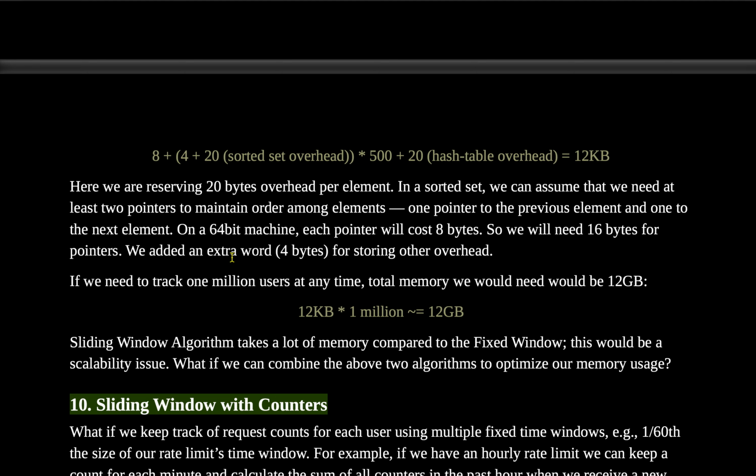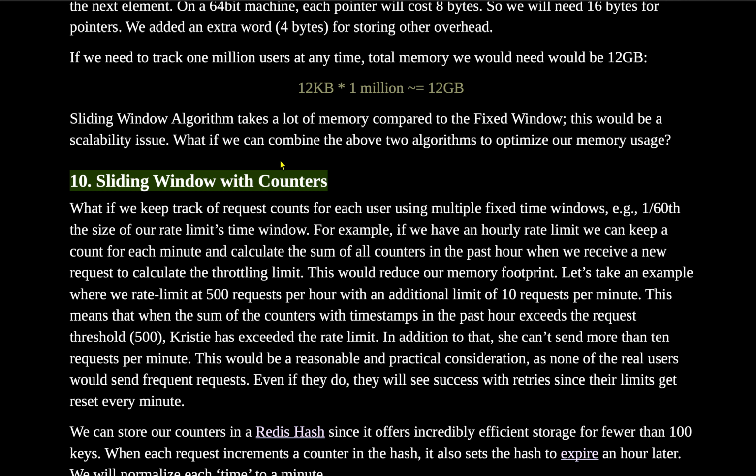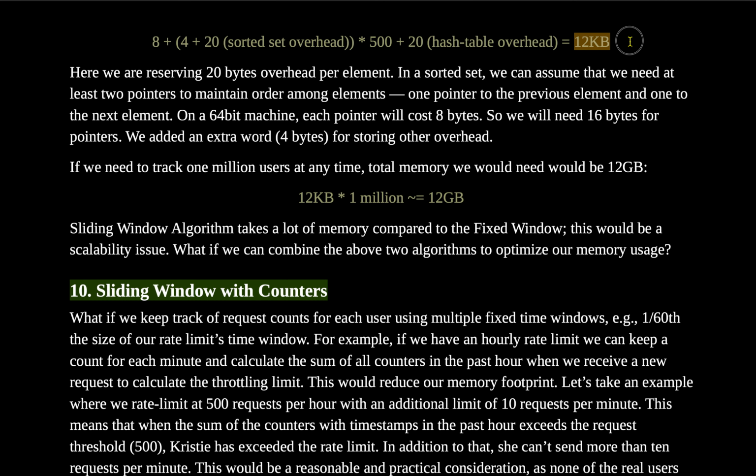We add an extra word, 4 bytes, for storing and other overhead. If we need to track 1 million users at any time, we will have this 12 kilobytes times 1 million, which means 12 GB. So 12 GBs of RAM is required for this memory.